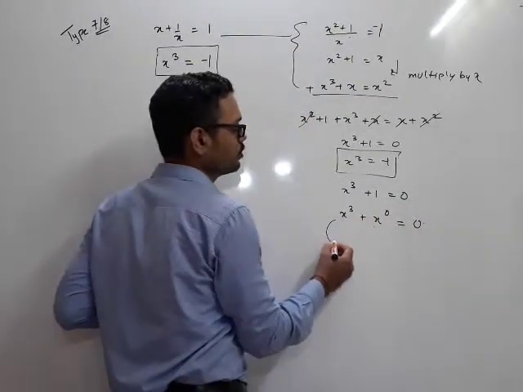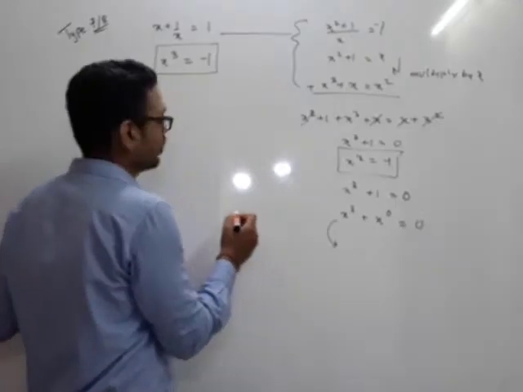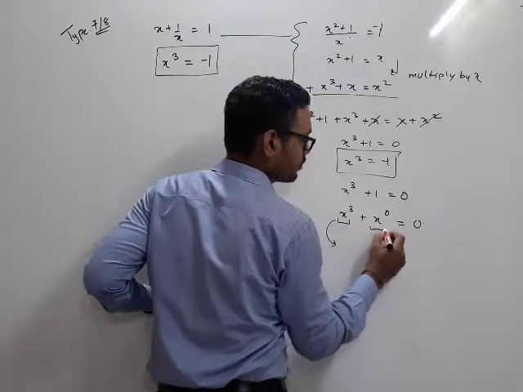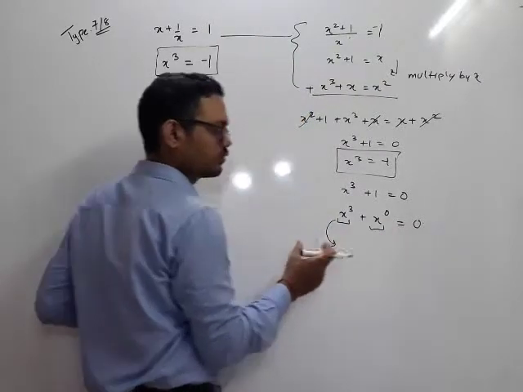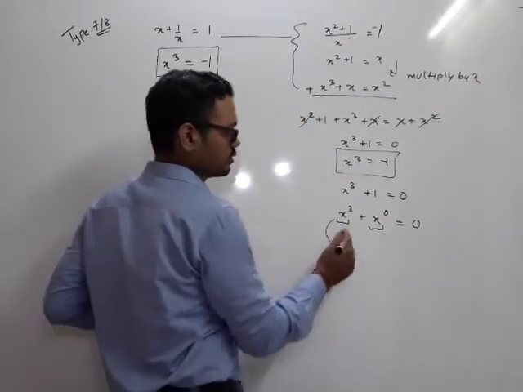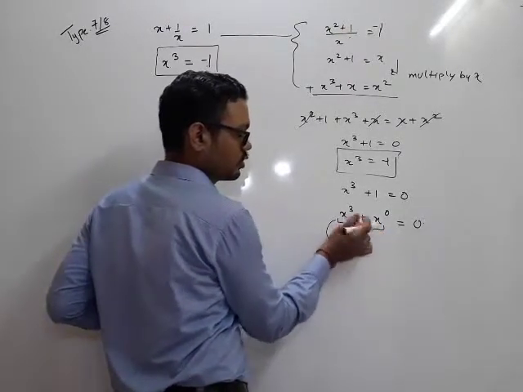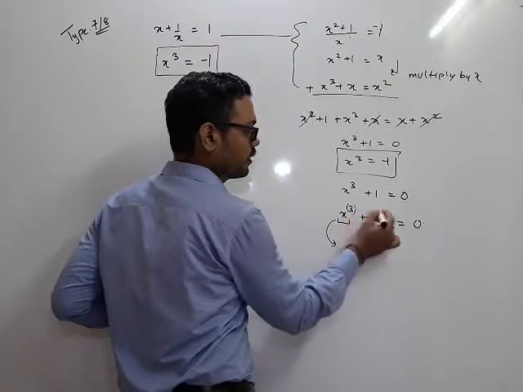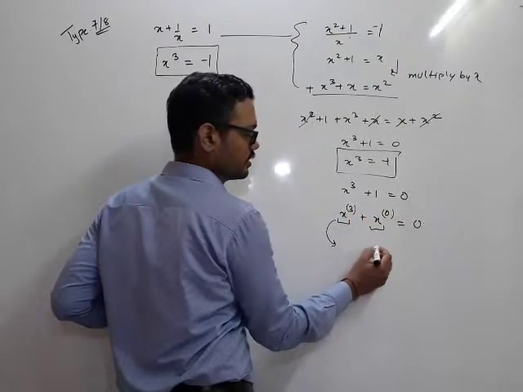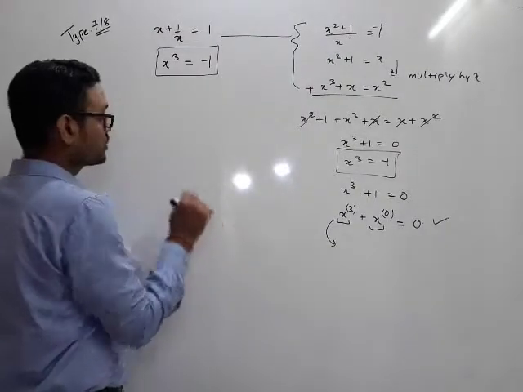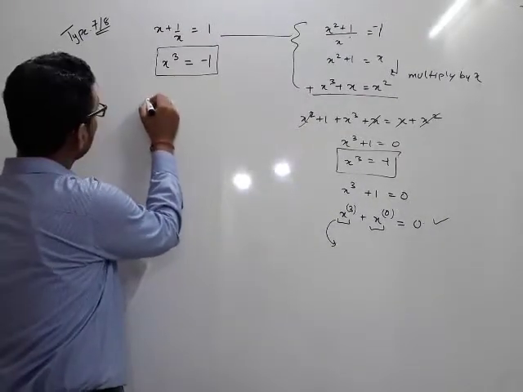From here there is one more conclusion that I can draw: whenever there is an addition of two powers of x, two terms of x, whose difference of the powers or the degrees is 3, then their sum is 0. Not understood? No problem.